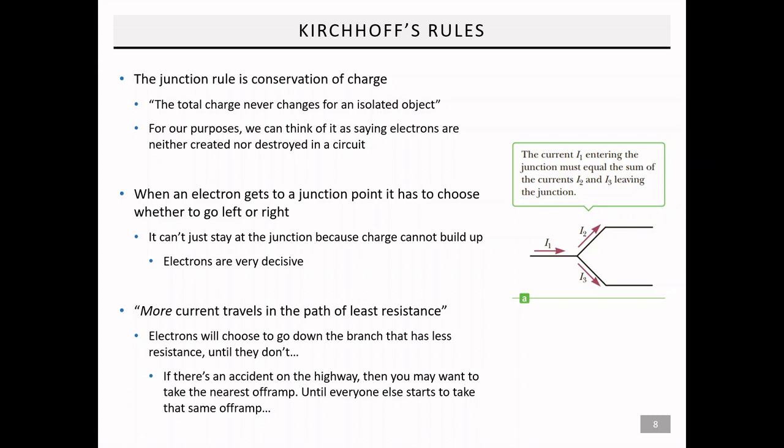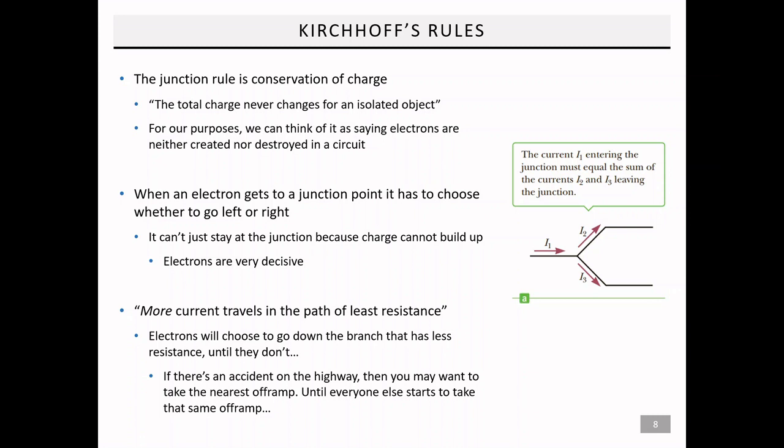So the junction rule ends up just being conservation of charge, which you could state as the total charge never changes for an isolated object. And for our purposes, we can just think of this as saying that electrons are not created and electrons are not destroyed inside of a circuit.